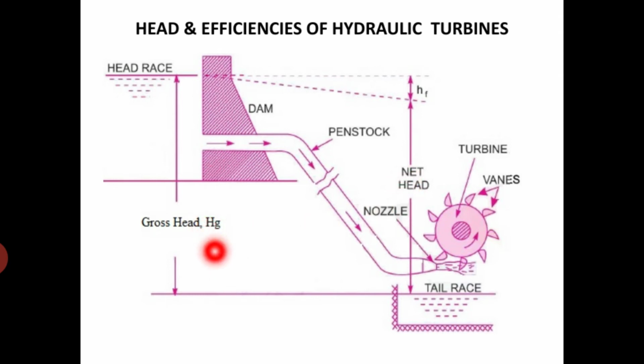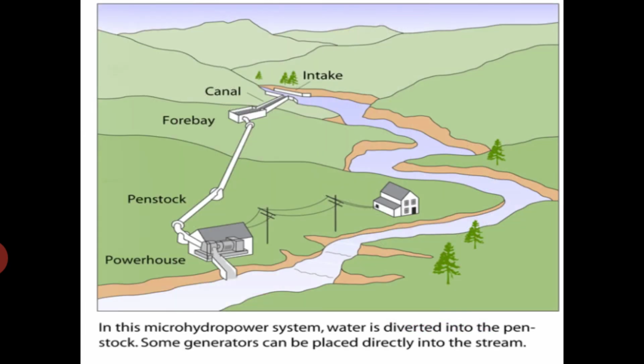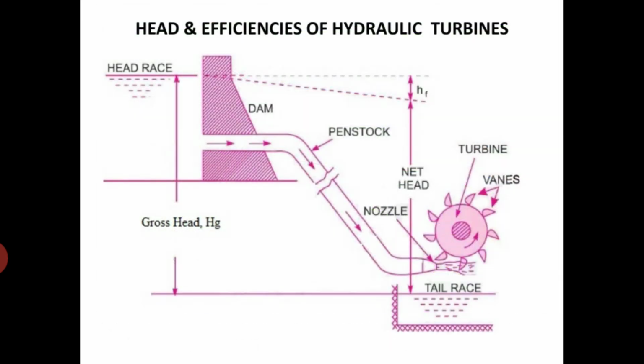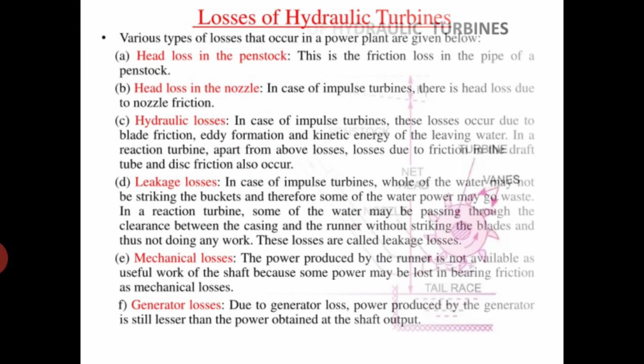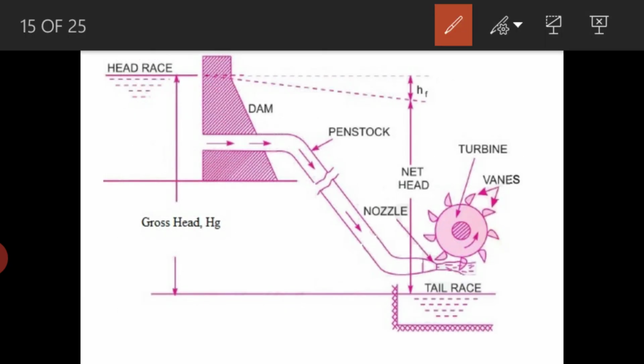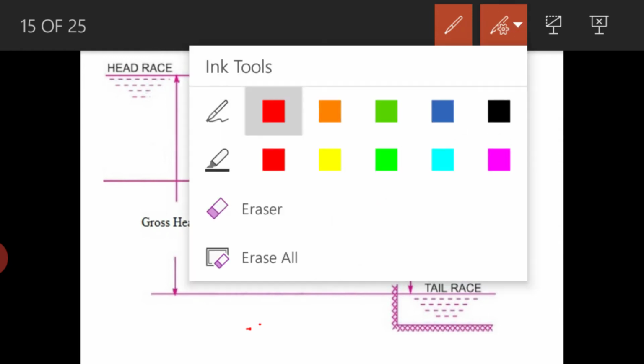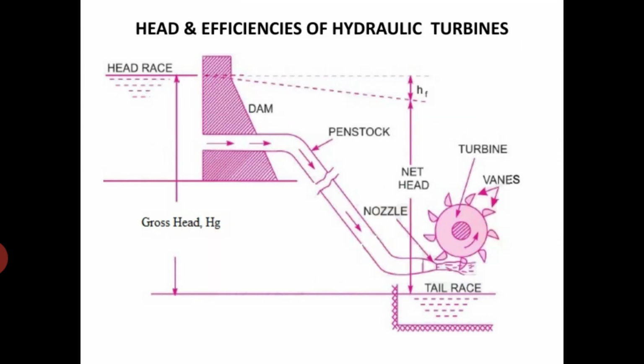The gross head is the difference between the head race level and the tail race level when no water is flowing.